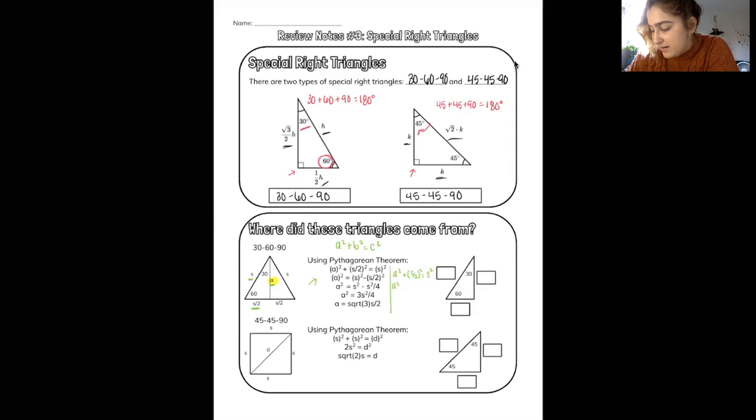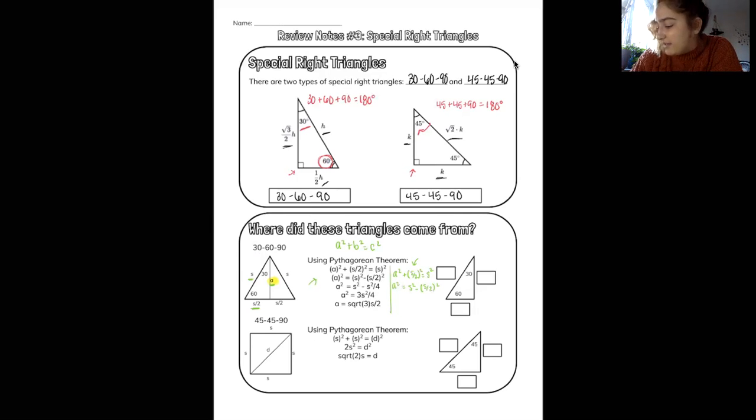So I have a squared equals s squared minus s divided by 2 squared. Right, because whatever I do to one side, I have to do to the other. So if I want to move this s divided by 2 squared over, I have to subtract it from both sides.